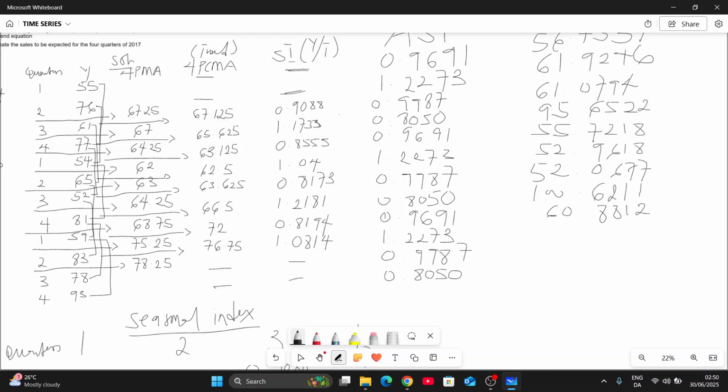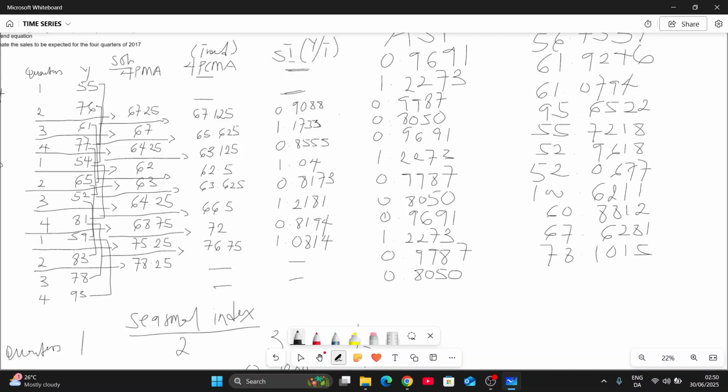The next one is 83 divided by 1.2273, 67.6281. 78 divided by 0.9987, 78.1015.